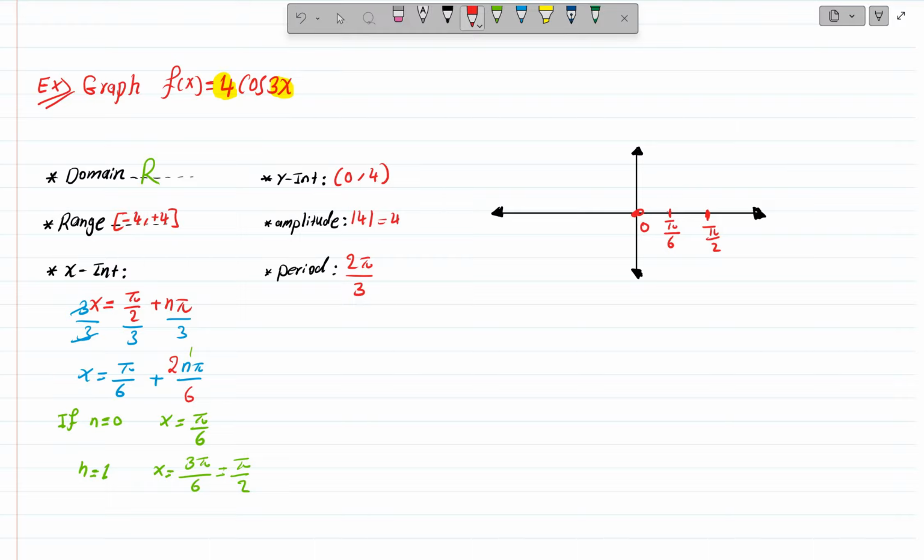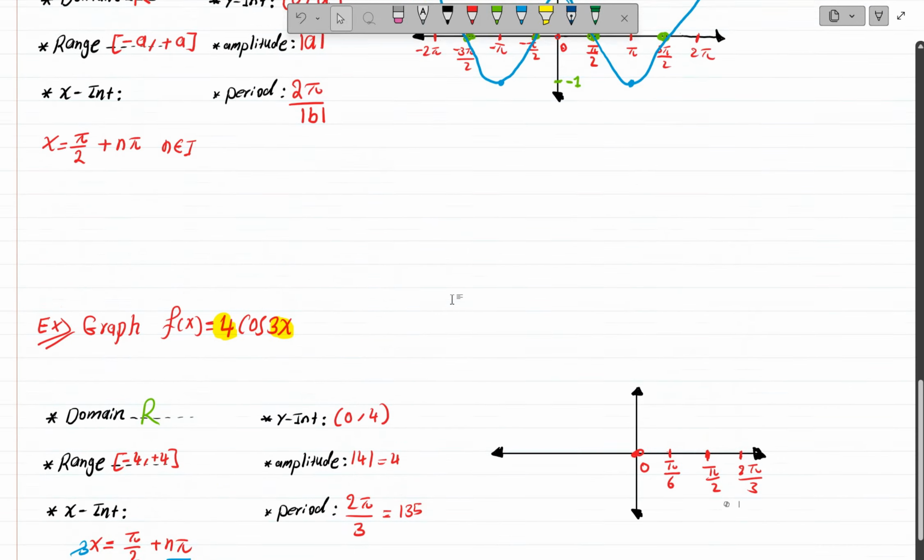So this value 2 pi over 3 is about 135 degrees. So 135 is more than pi over 2, which is 90. So we can say until here is 2 pi over 3. Why do I write this one, even though this is not an x-intercept? Because this value shows us one period for the graph of cosine.